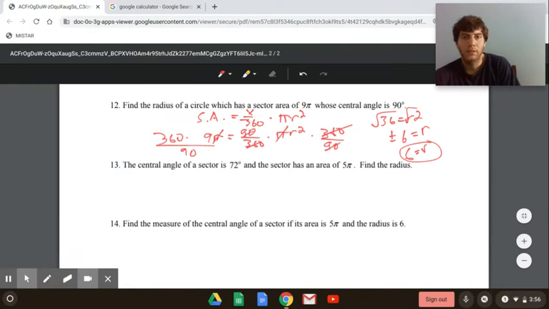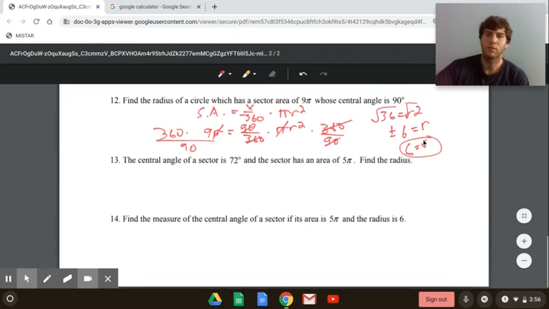Then number 13, they give us a central angle, and they give us the sector area, and want us to find the radius, so that's, again, just going to be like 12. And then the last one, you're finding the central angle, so you're finding x, right?